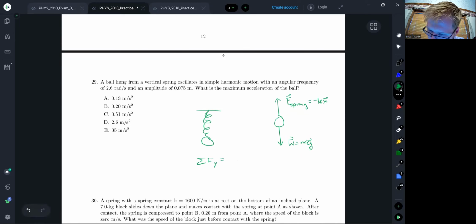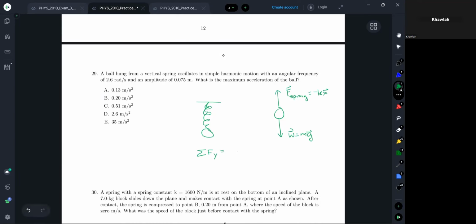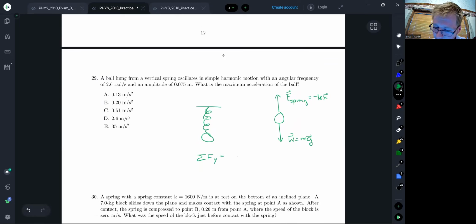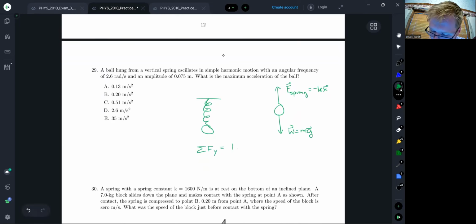what would it be? mg and F spring. Yeah, so we've got that since the spring was pulled down, its restoring force acts up. So we would write it as kx because the negative part of that, the direction just says that that force acts back upwards, opposite the direction of the displacement.